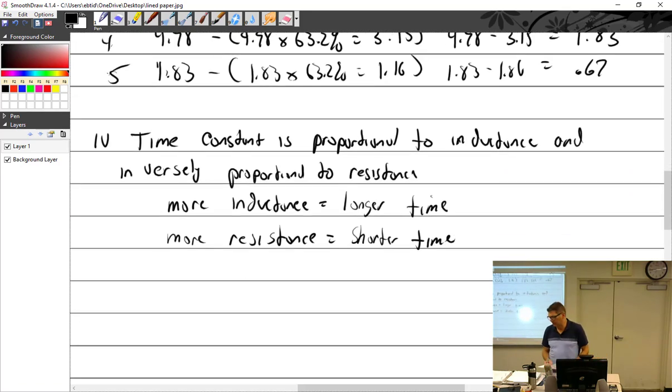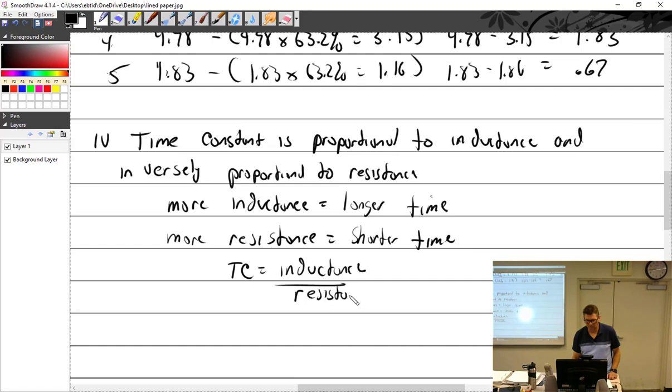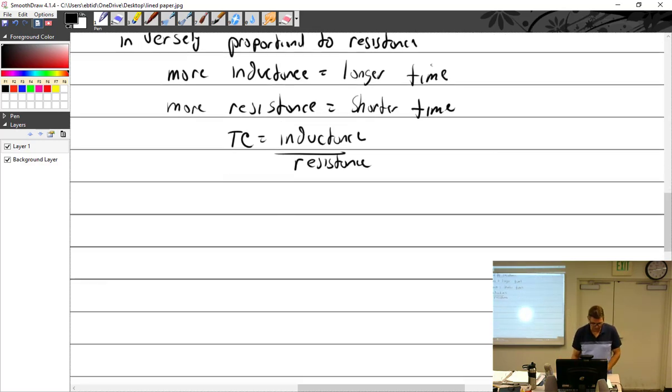And that's represented by the formula: time constant equals inductance divided by resistance. Example: R is 10 ohms and inductance is 2 henries. How long is each time constant? We can do it real quick.